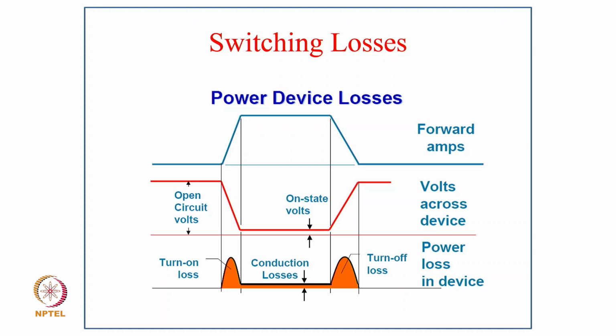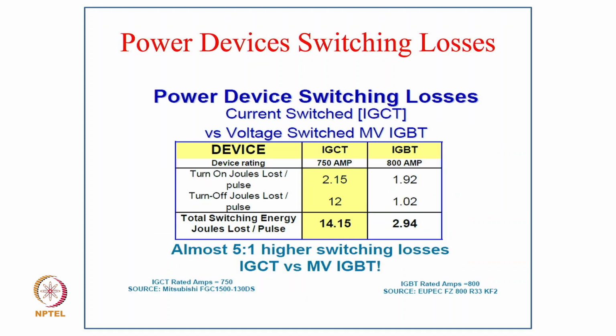You can see that the losses during turn on and turn off are much higher than the conduction losses. These are the losses as they appear for one switching operation of the device: during turn on, during conduction, and during turn off.